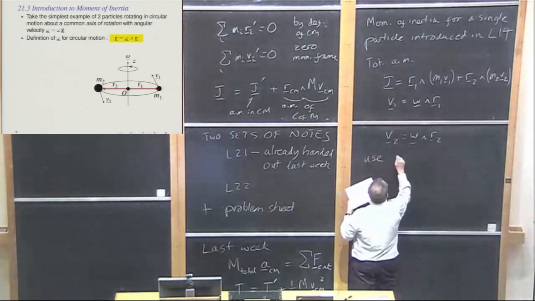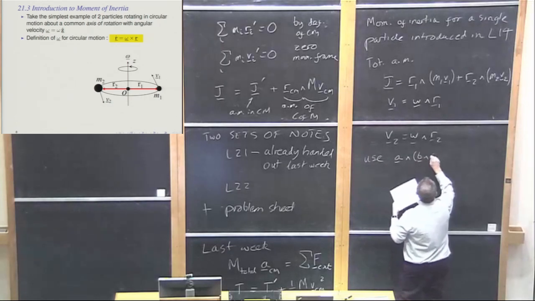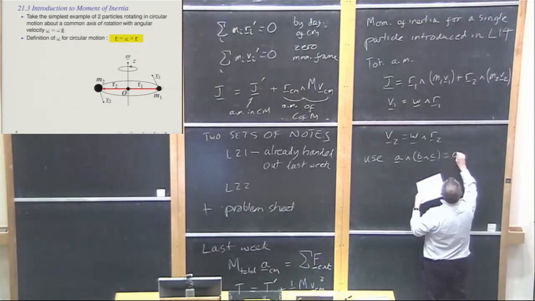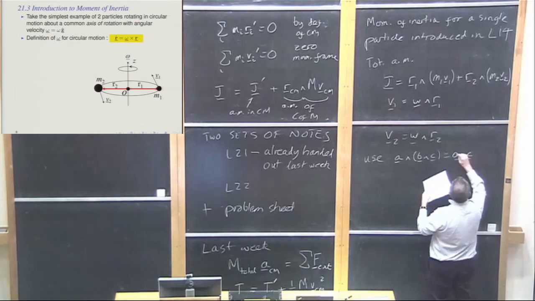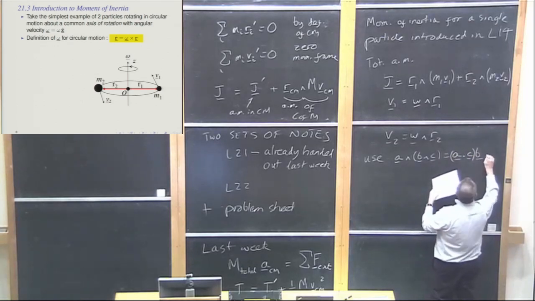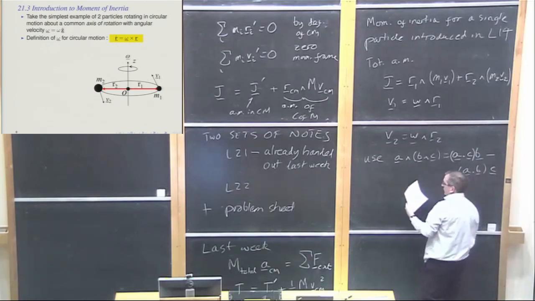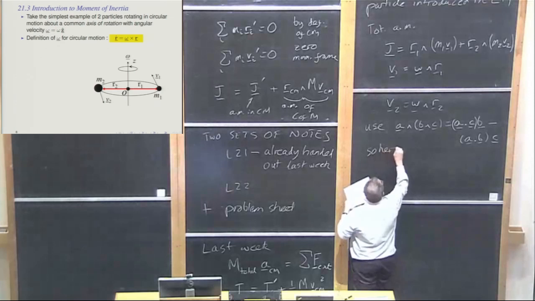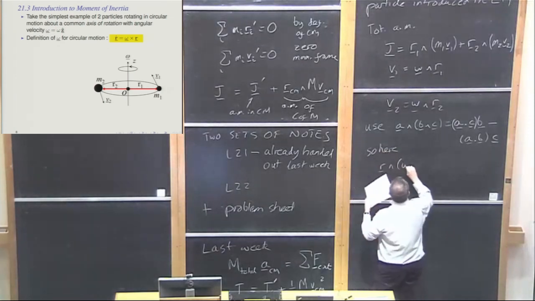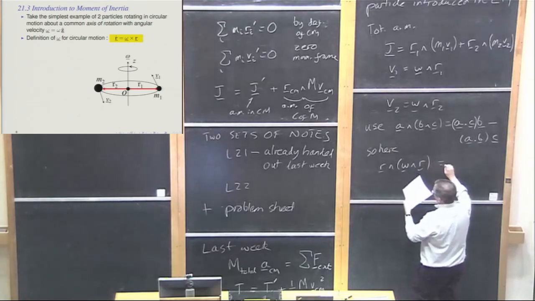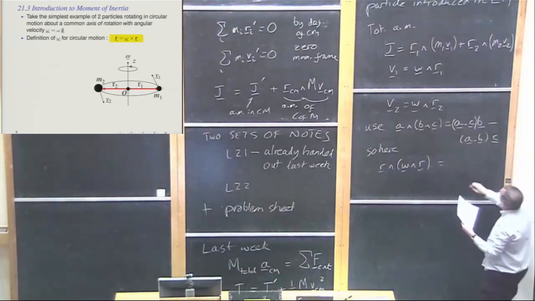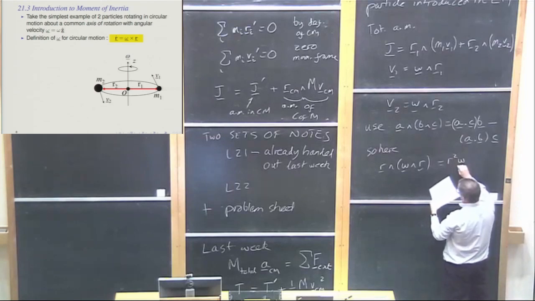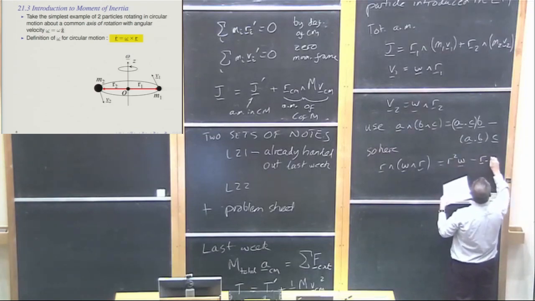We're just going to use that A cross (B cross C) is the same as (A dot C) multiplied by B minus (A dot B) multiplied by C. So in this case, R cross (omega cross R) is going to be equal to, by this identity, R squared omega minus (R dot omega) R.